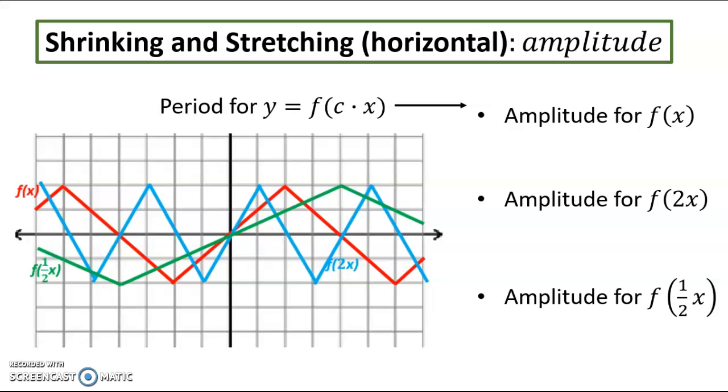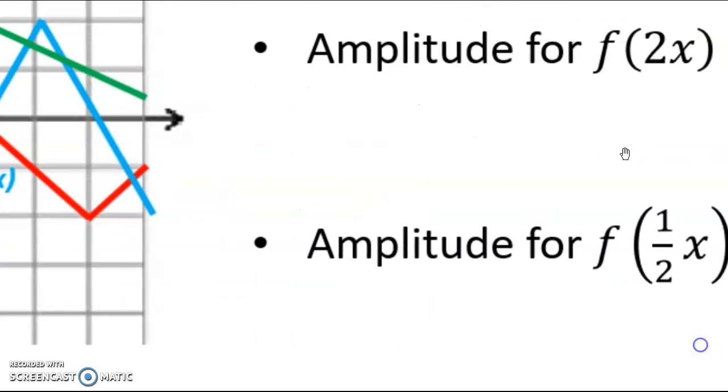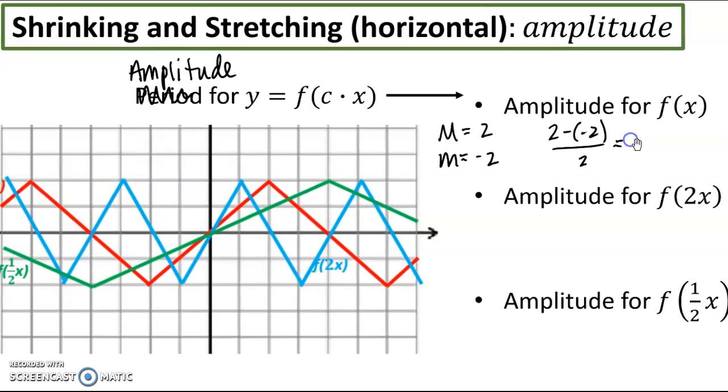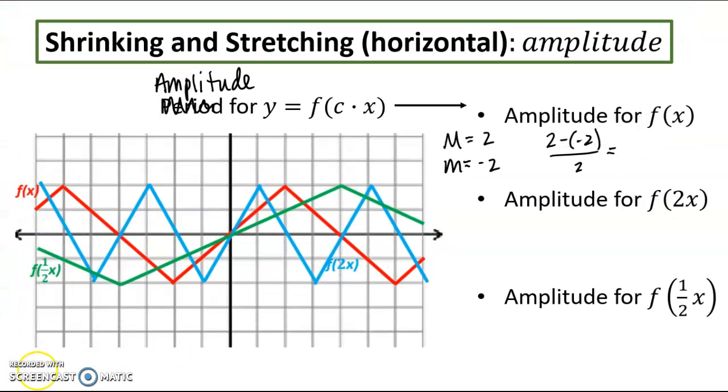Okay, so now my amplitude. For my original function, my highest y value is positive 2 and my lowest y value is negative 2. Same amplitude, because I'm using the same graph as my vertical stretch and shrink examples. I get an amplitude of 2. If I look at my amplitude for 2x, my graph in blue, notice that my highest y value and my lowest y value never change.